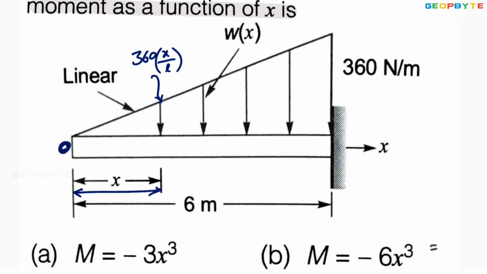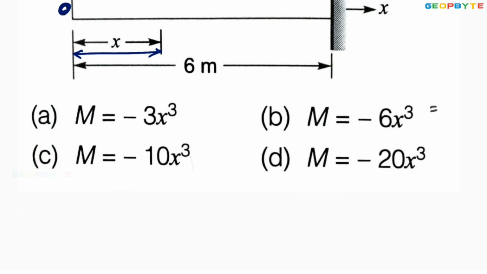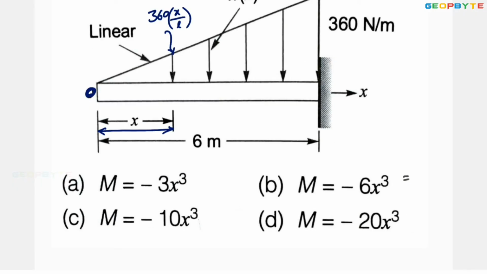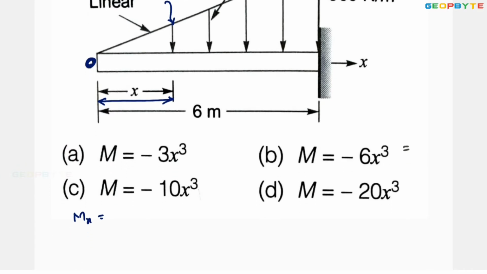Then the bending moment at that section, one minute. So bending moment at that section, I can say Mx equals, first you try to convert from UVL to point load. Point load multiplied by perpendicular distance is the bending moment.